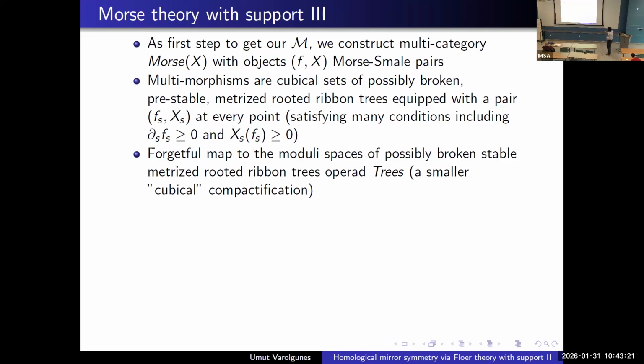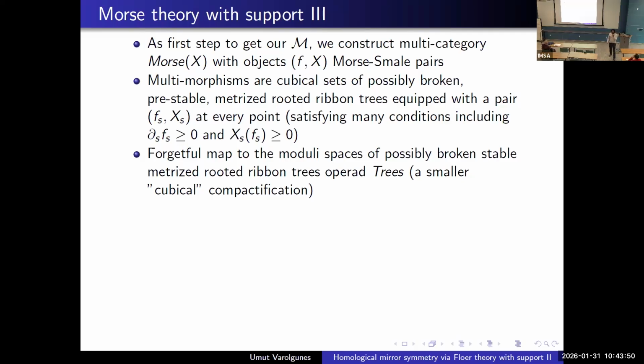And here I want to use a version of this tree operad, but it's better to not just compactify in the usual way and take cubes in it, but define a smaller cubical compactification where you only allow the degeneration of trees in particular ways. It's a technical point, but an important one, because this becomes really useful in Floer theory.